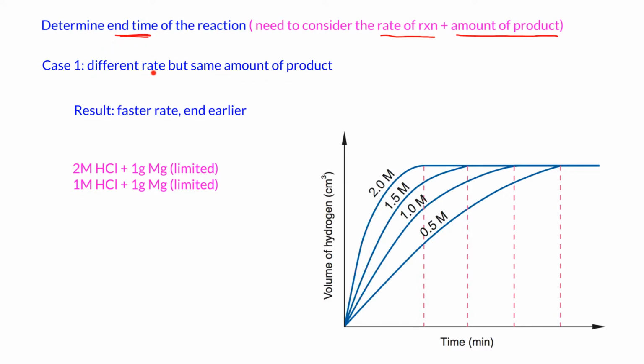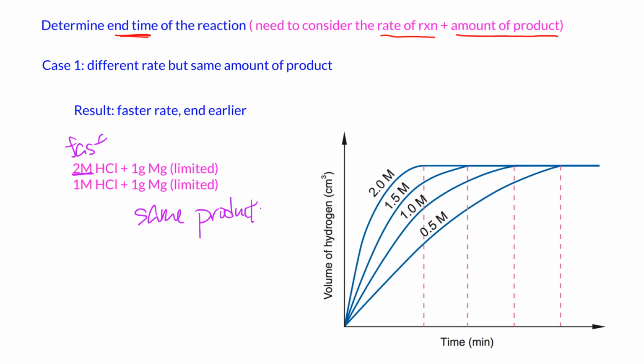If you have a faster rate, the same amount of homework to do, but you do it faster, you end earlier. So for example here, Mg is the limiting reagent. Both of them have 1 gram, the same amount of limiting reagent, so we know that we have the same products. We need to make the same amount of product, but one of them has a higher concentration.